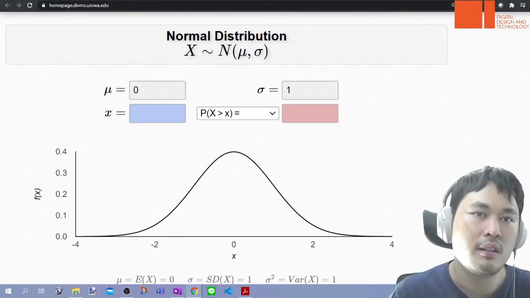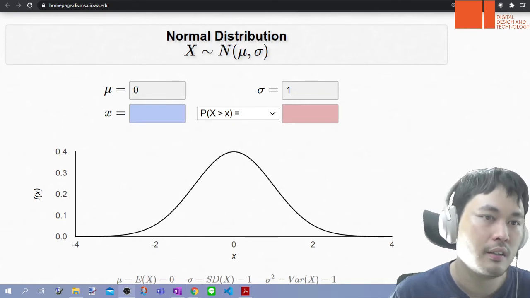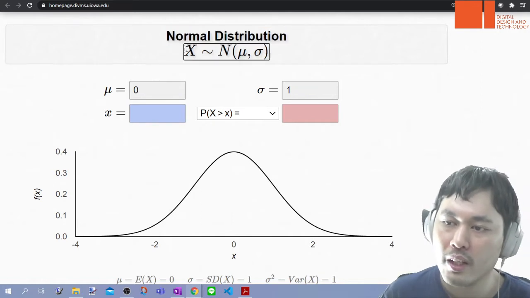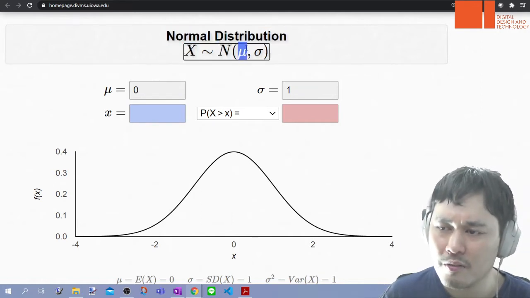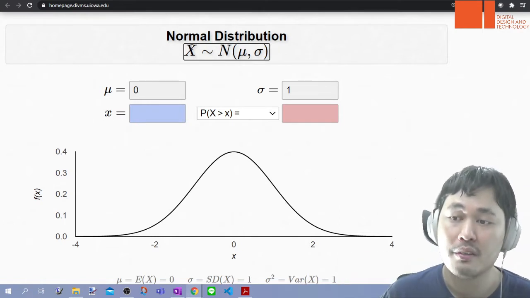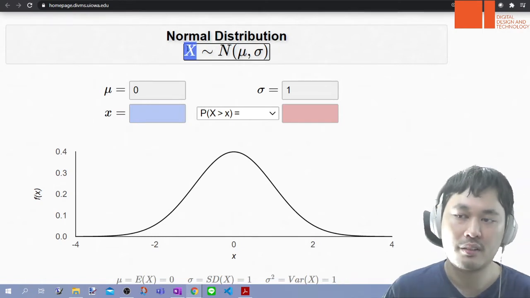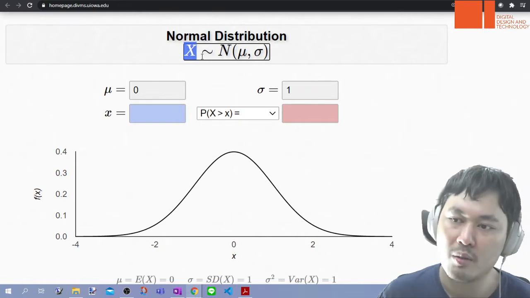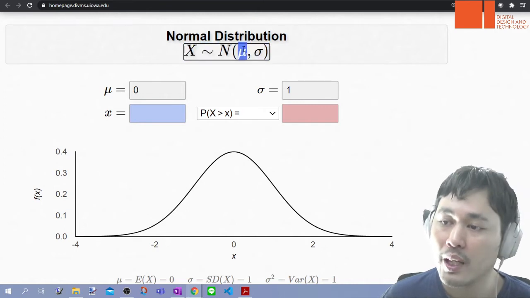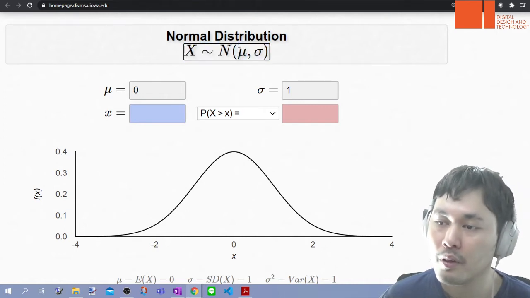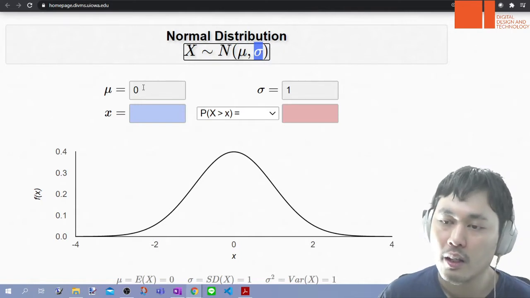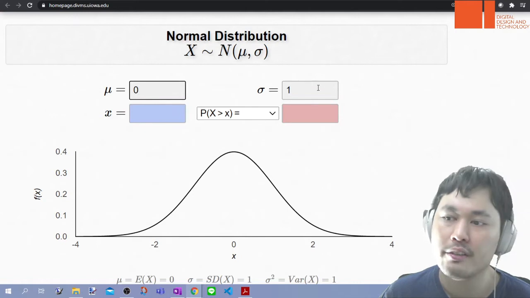Before we use the app, let's see what it has here. We are talking about the normal distribution, X similar to N of mu and sigma. We define it as Z when it's the standard one, but for any normal distribution, we use X, and still the same N. We can plot a graph for any mean mu and any standard deviation sigma, and you put mu and sigma right there.